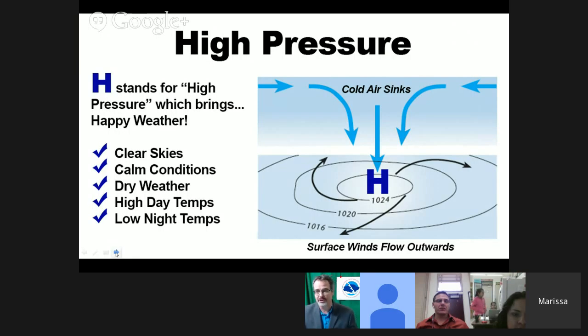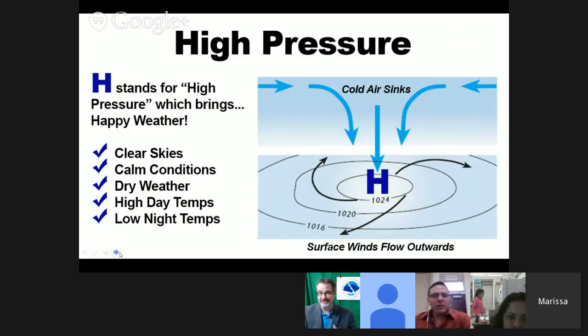That's the way it is with air that moves out of high pressure towards low pressure. So we end up with calmer conditions and generally dry weather. And remember, if you've got sun, and on the land especially, the land's going to heat up fast, so high pressure can give you some rather high daytime temperatures, but at night it can get kind of cold.